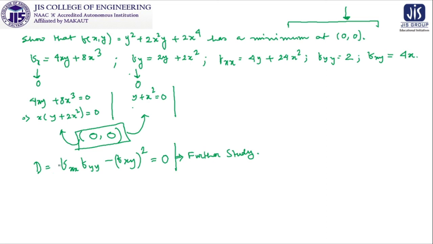But what we can write, check, f 0 0 is 0, and we can write f of xy is equal to y plus x square whole square. Please concentrate on this. We can write it in the very beginning of this problem, then you will not be interested in discussing all this. Is it not clearly visible from this expression that it is nothing but y plus x square whole square?